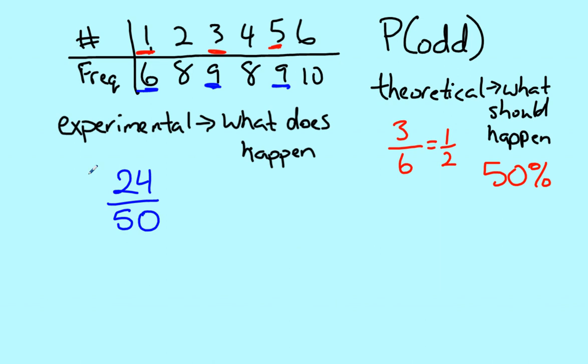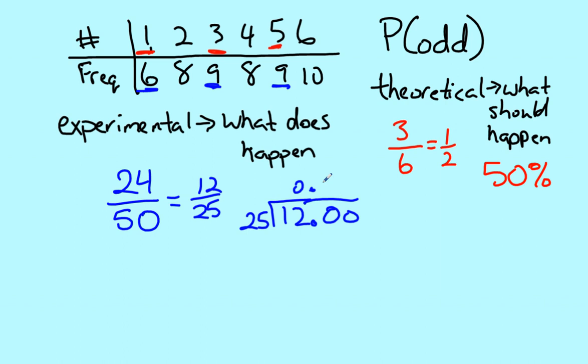Alright. Now, to turn this into a percent, we could do a couple things. We could simplify this. Get 12 out of 25 and then we could divide it top in, bottom out, and this would give us, well, 25 can't go into 12, so we add a decimal and a couple of zeros here.